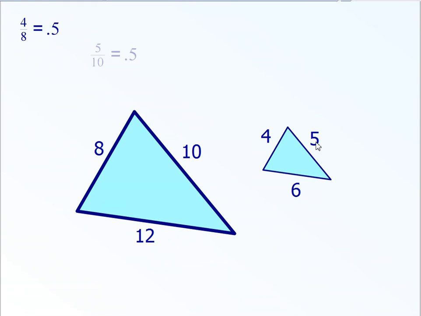I can check the 5 over 10, and I can verify that it has a scale factor of 0.5. And 6 over 12 gives me that same scale factor of 0.5. If these did not all have the same scale factor, these shapes would not be similar.